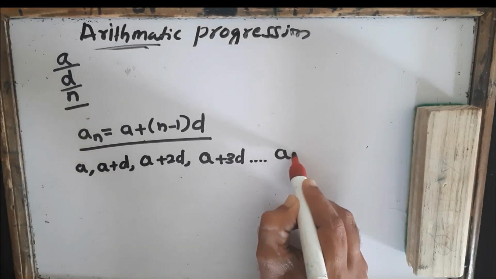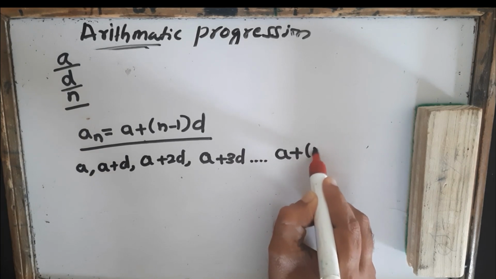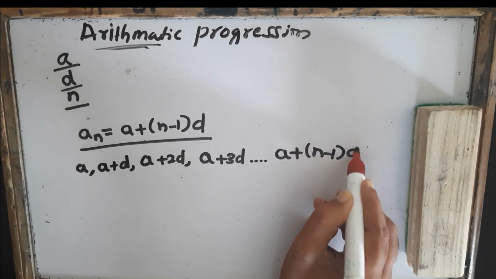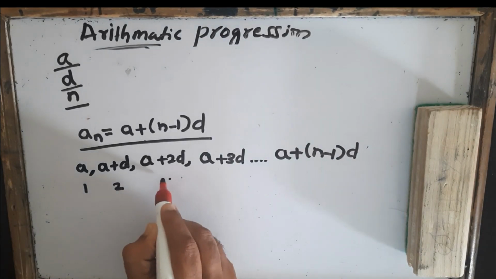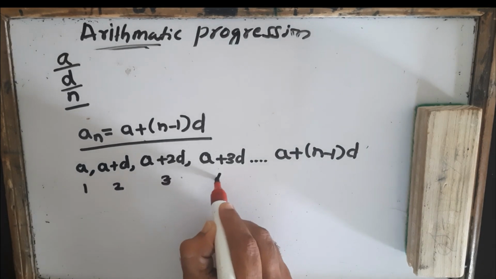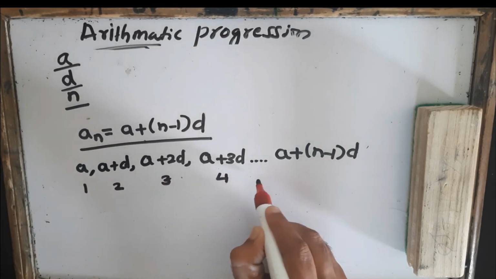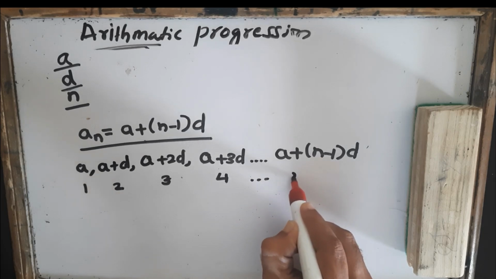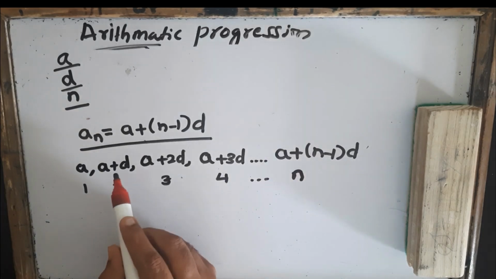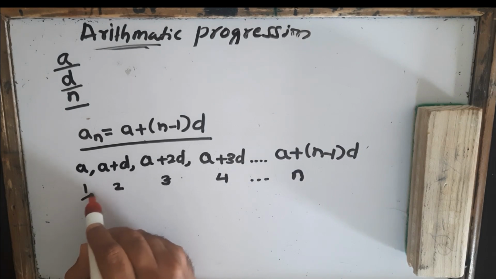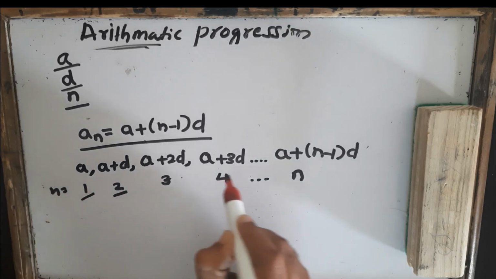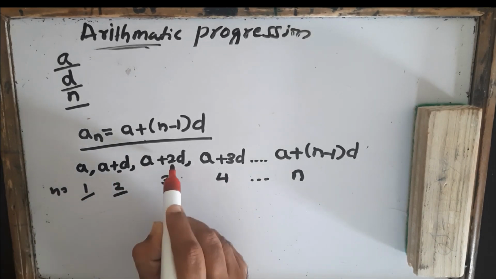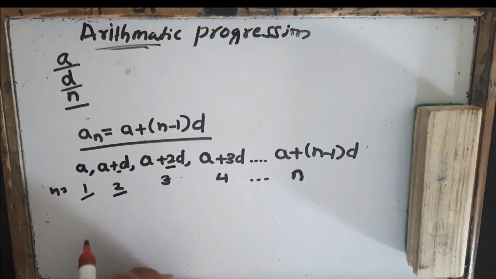This will go on till A plus n minus 1 into D. So this is the first element, this is the second element, this is the third element, this is the fourth element, like this. This is the nth element, and you can observe the relation between this n and this multiplier here.